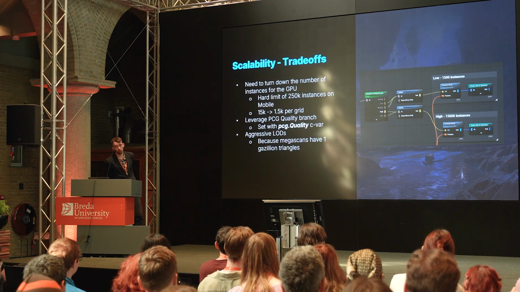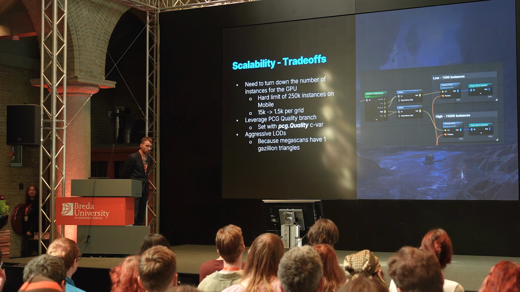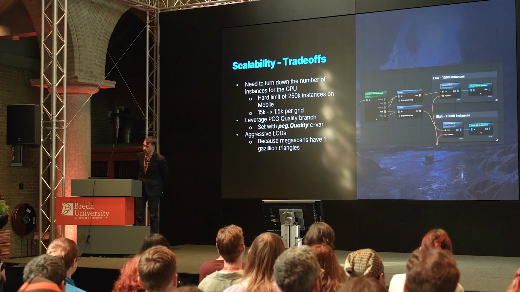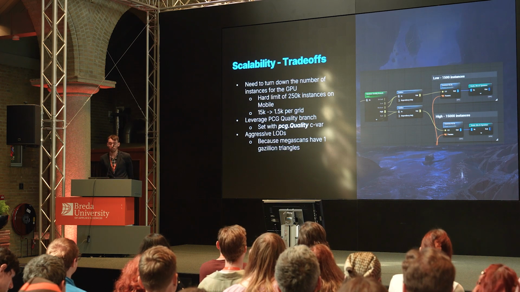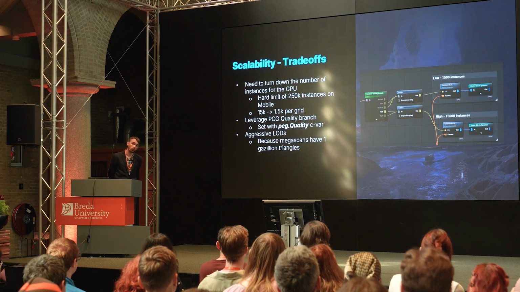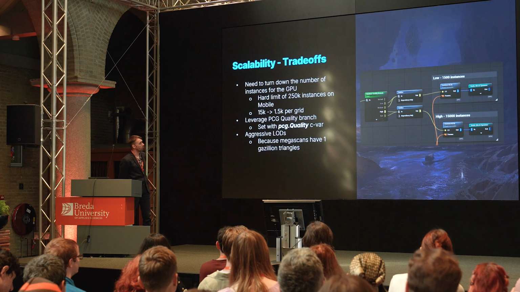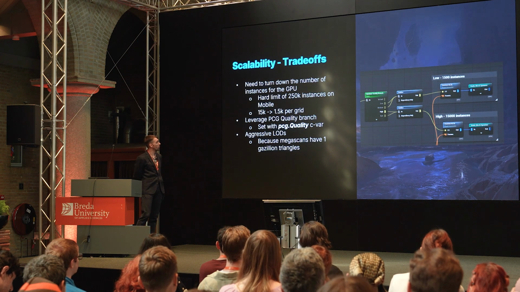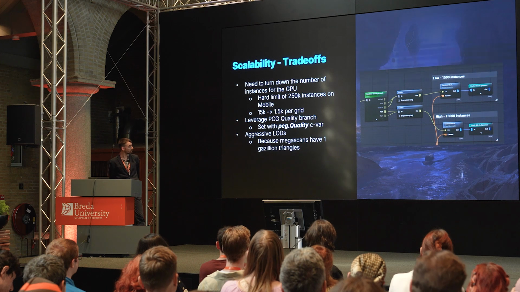So of course we have a lot of trade-offs to run on mobile. We need to scale down the number of instances we push to the GPU. There is a hard limit on mobile. If I remember correctly, it's 250K instances. If you go past that, it will just crash. So we had to reduce the number of instances we are pushing to the GPU from 15K per grid to 1.5K.